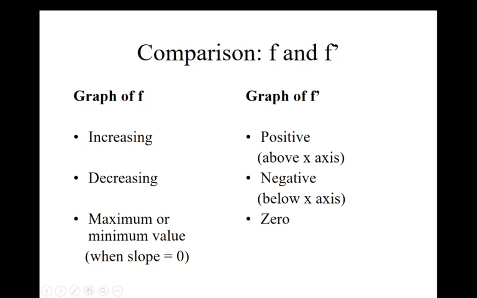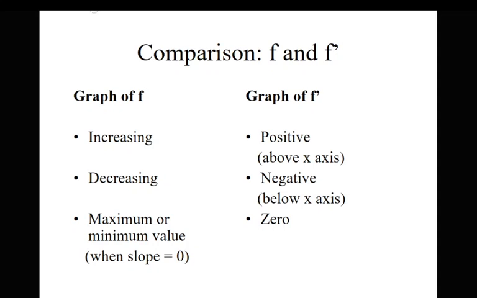So, if my graph of f is increasing, what does an increasing function look like? As we move from left to right, the y value starts to go up. That means the graph of f prime is positive. So we're now relating the graph of my original function with the graph of my derivative.